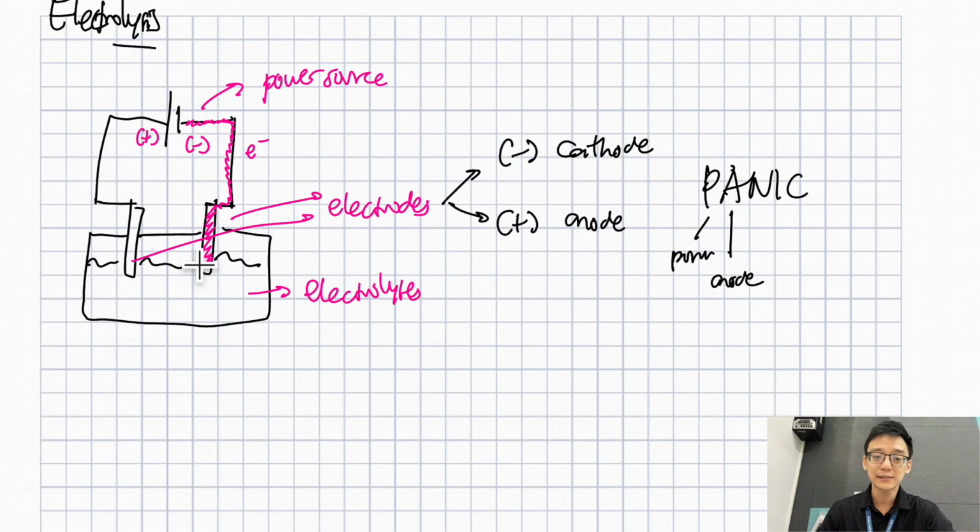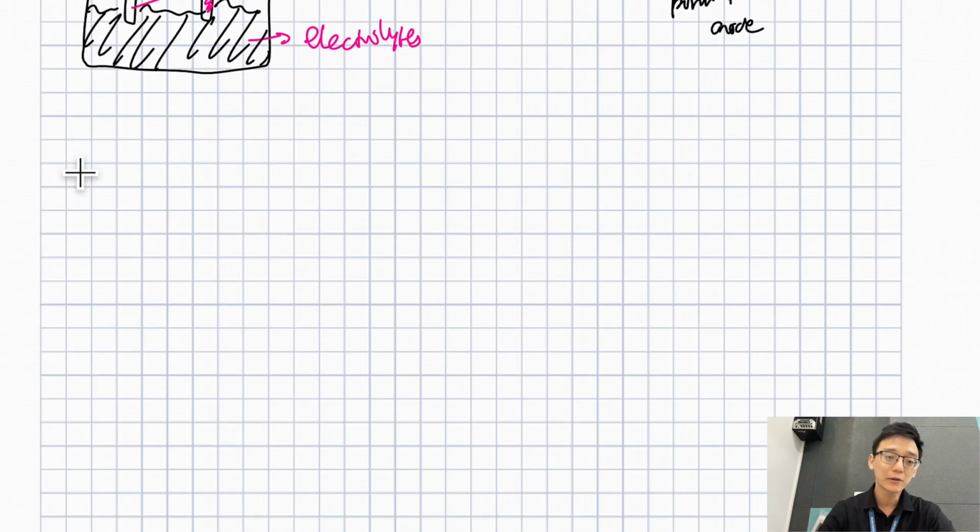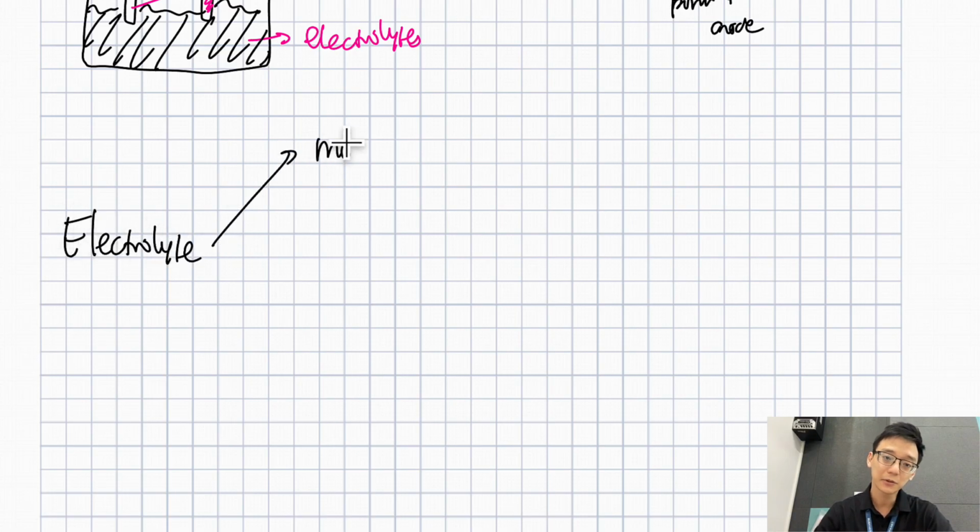Usually in electrolysis, you need to write the half reactions at the cathode and anode. How can you determine what happens at the anode and cathode? First, you need to determine the electrolyte, so the solution that we put here. I would like to differentiate the electrolyte into two types: the molten type and the aqueous type.